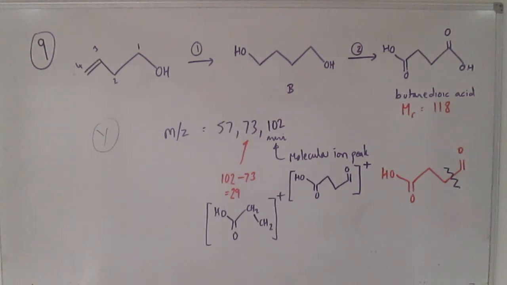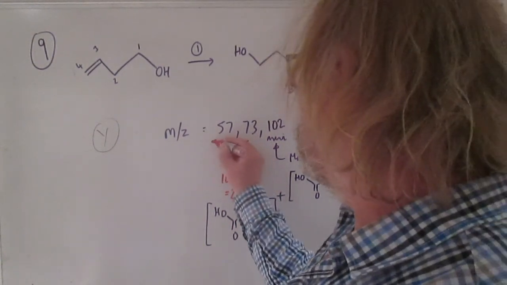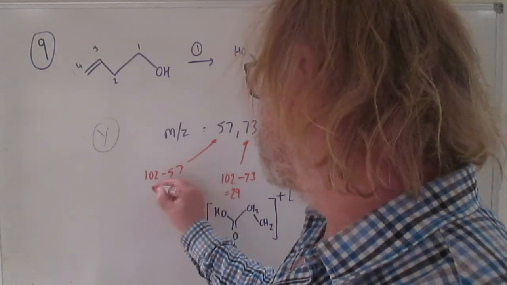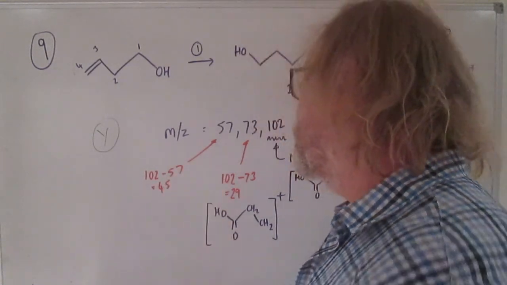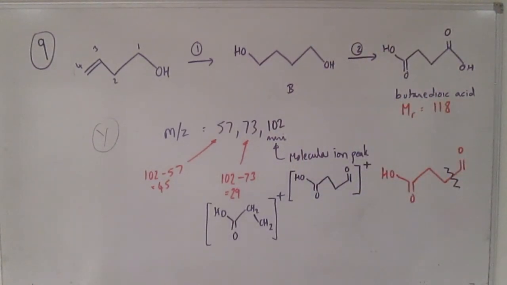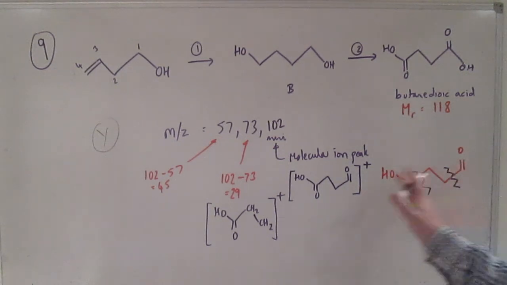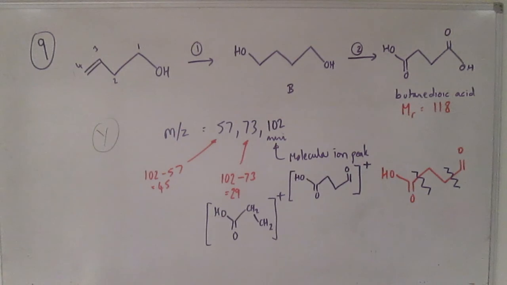So we can do the same thing with 57 and say 102 minus 57 is equal to 45, and 45 is the mass of a carboxylic acid group, COOH. So if the molecule, instead of breaking there, was to break here and just chop off the COOH group but leave the rest of it, then we would get a mass of 57.